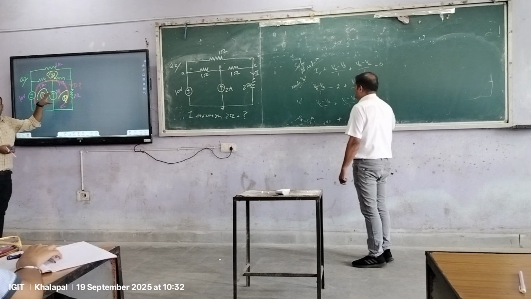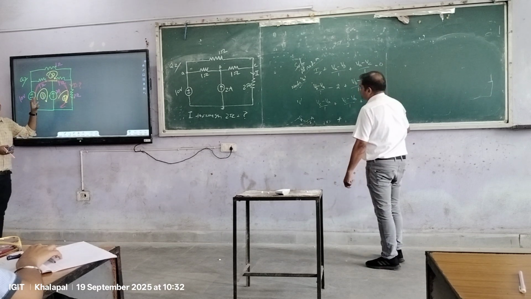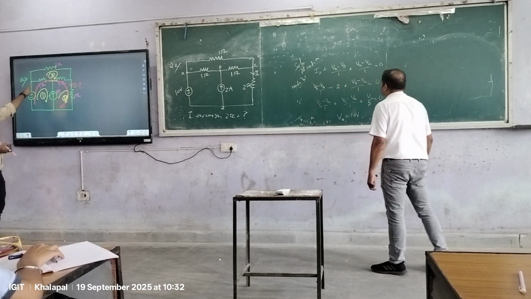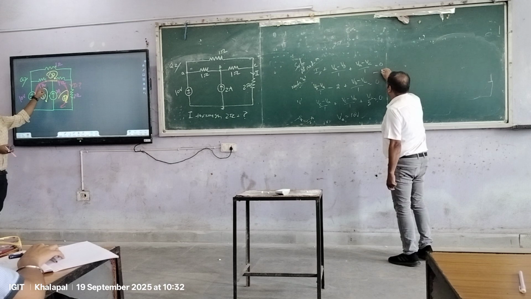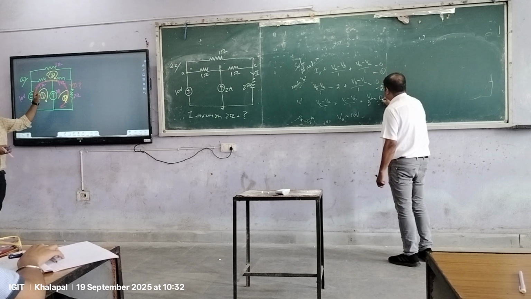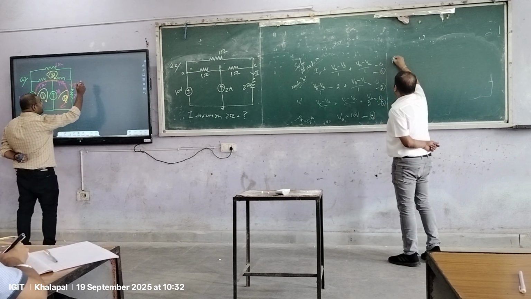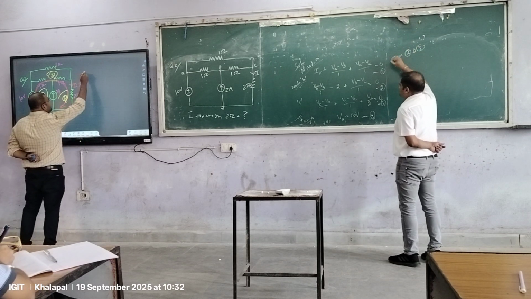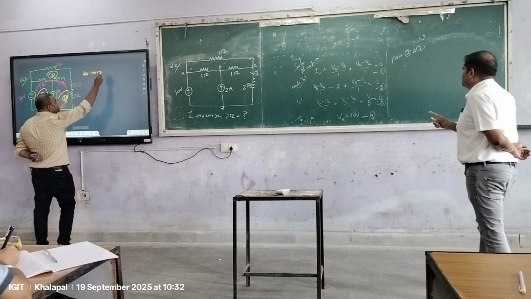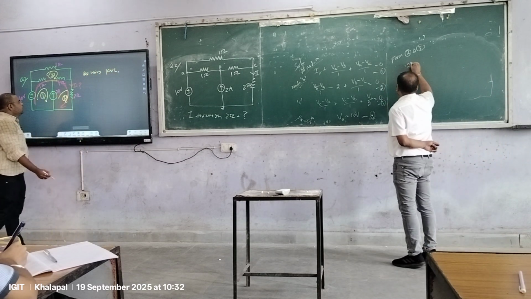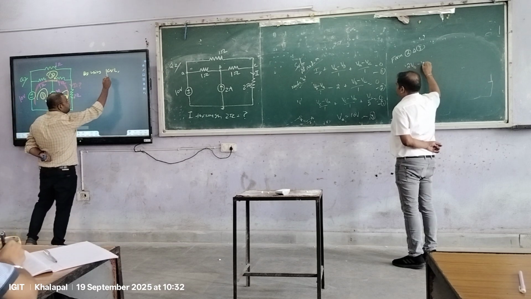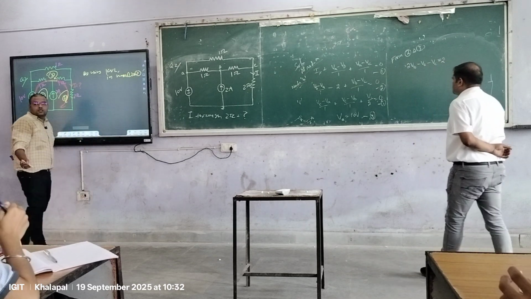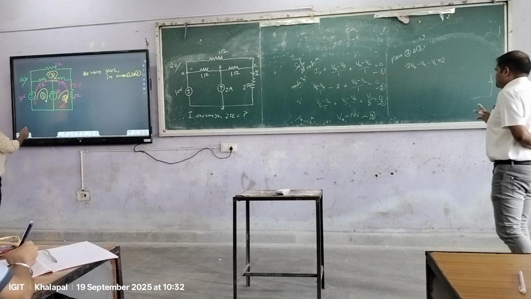So in this super mesh, we have to put the KVL and find the equation. Applying KVL in mesh 1 and 2 combined, the super mesh, tell me, what is the first element?